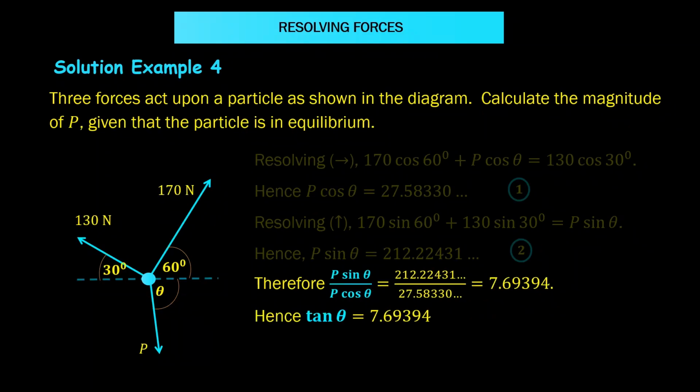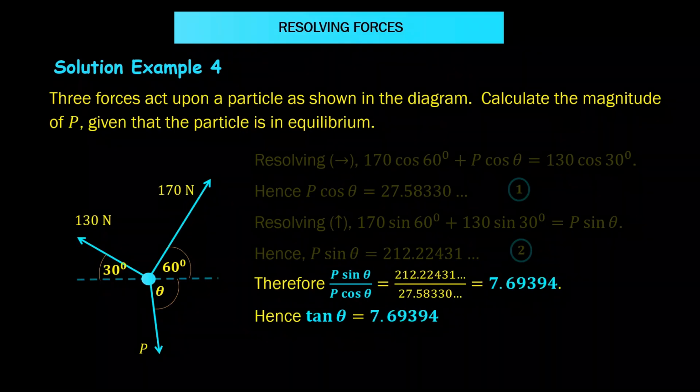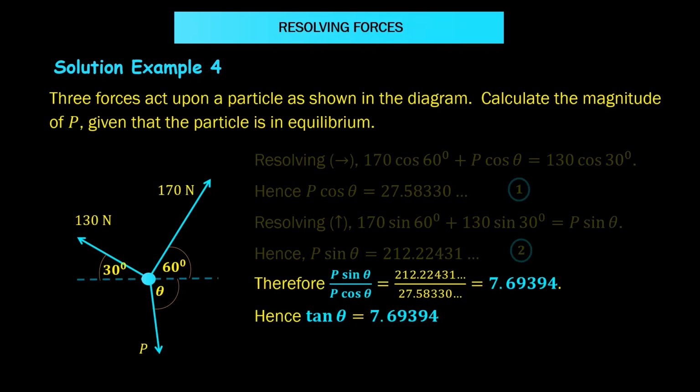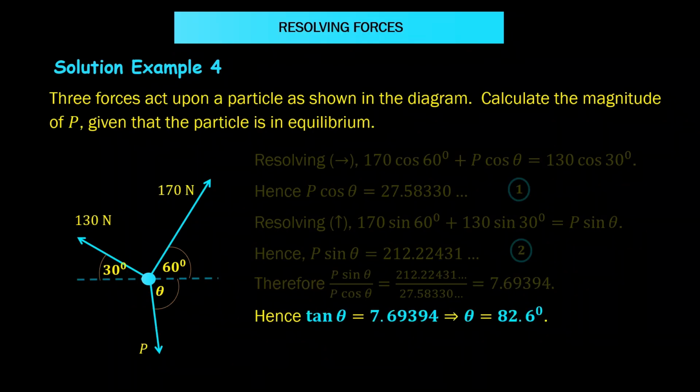And of course, P sine theta over P cos theta is tan theta. Therefore, tan theta equals 7.69394. And if we plug this into our calculator, we obtain that theta equals 82.6 degrees.